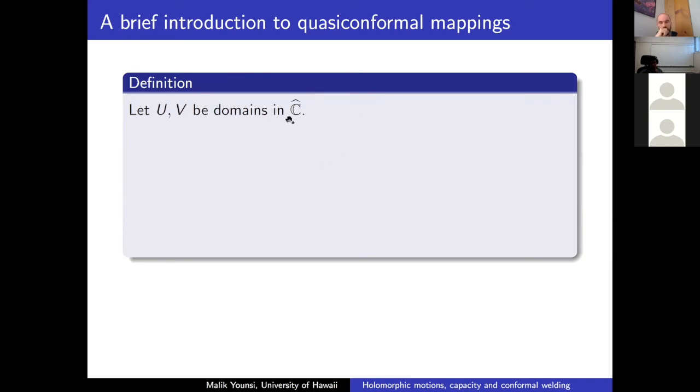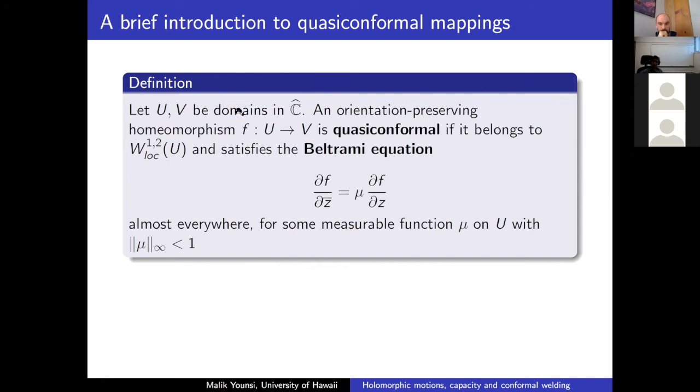You start with two domains, U and V in the Riemann sphere, and then you look at an orientation preserving homeomorphism from U to V. This homeomorphism is called quasiconformal if, first of all, there is a Sobolev condition. Don't bother too much with this. And then it needs to satisfy the so-called Beltrami partial differential equation.